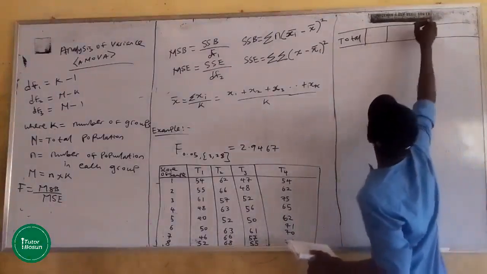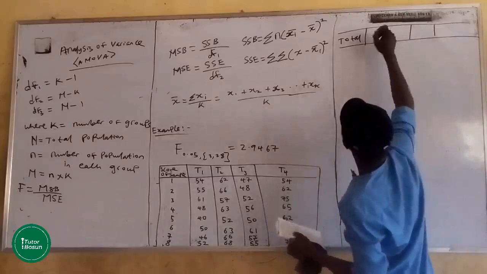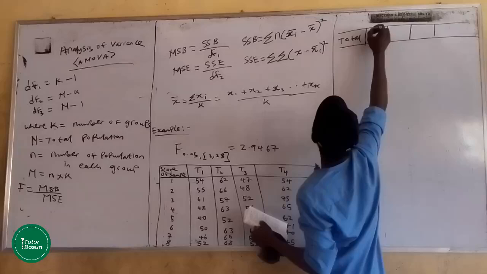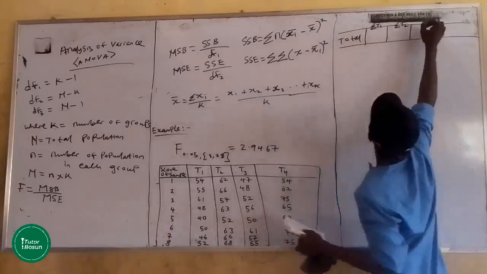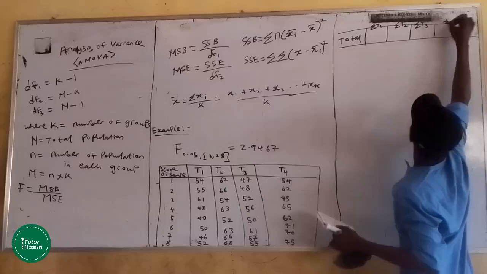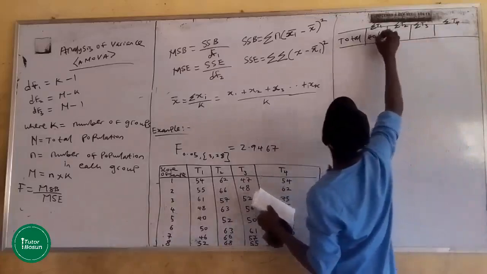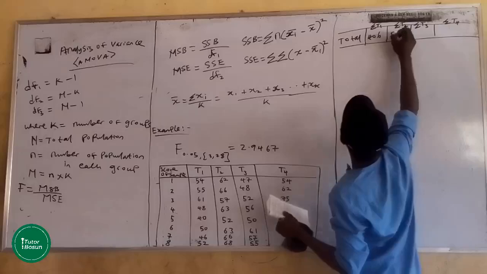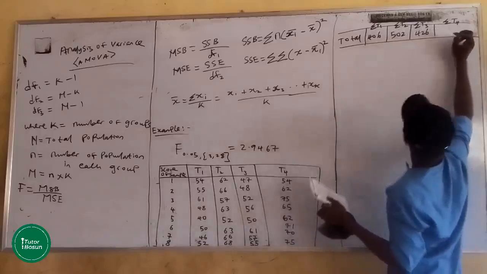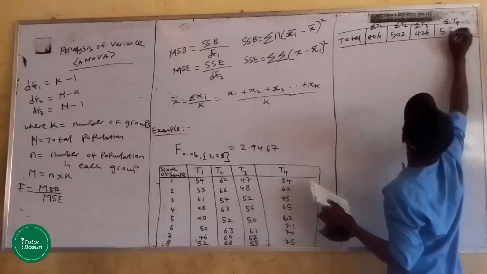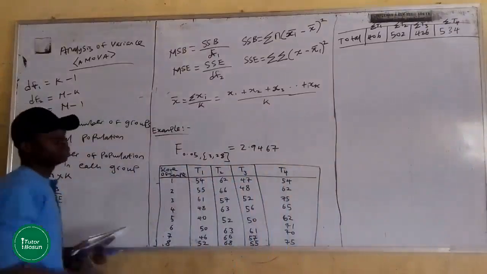So the totals, summation T1, summation T2, summation T3, and summation T4. The first total we have 406, the second we have 502, third we have 426, and 534 to be the last for the total. So we are able to get our table.